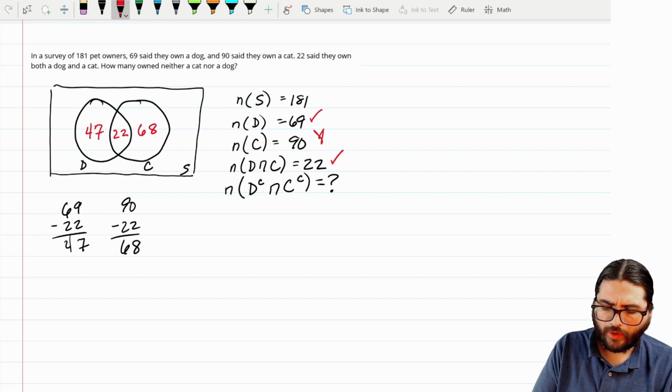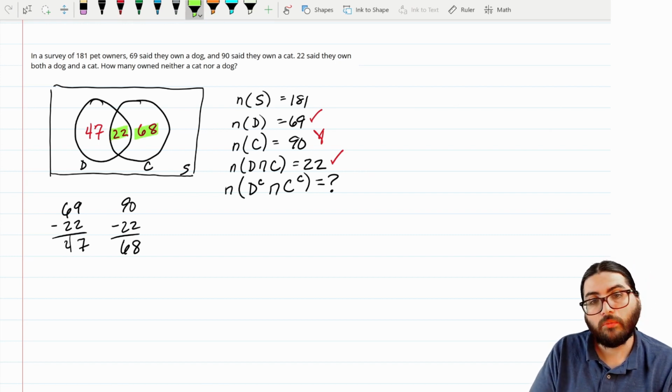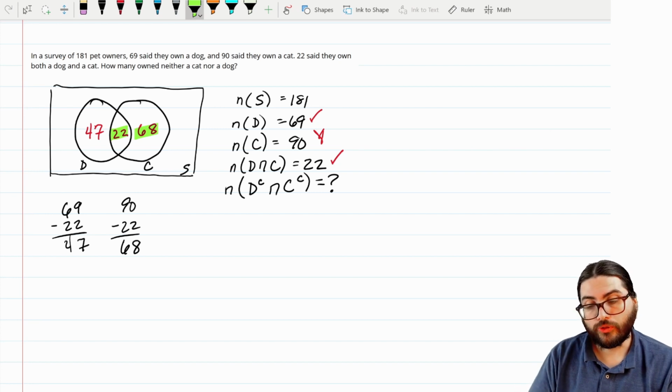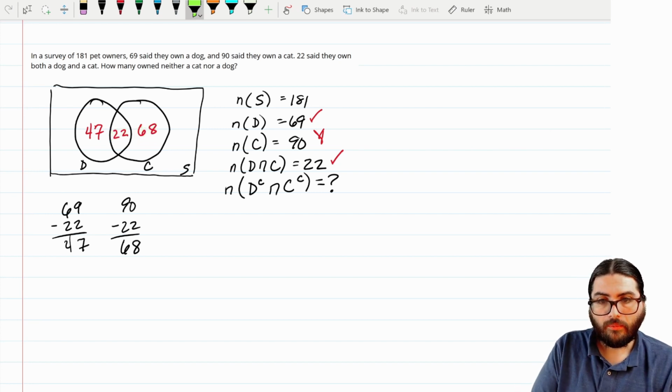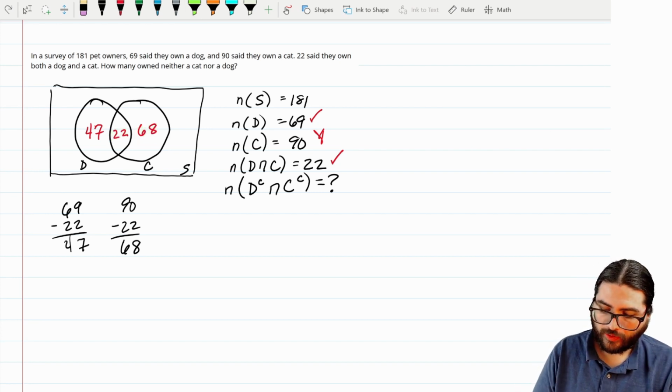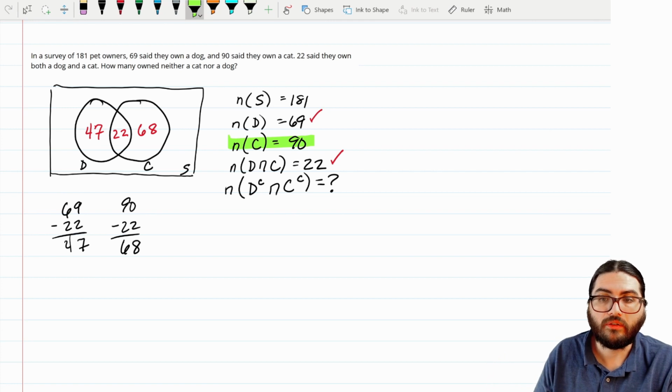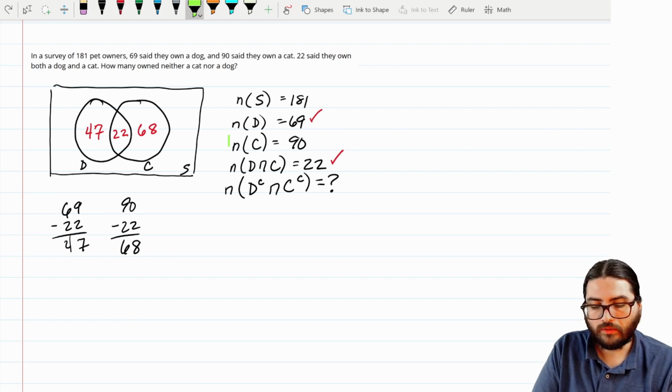That makes it so every number in the cat bubble, the 22 and the 68 both, add up to 90. Because the piece of information we had over here didn't tell us, are you inside of dog or are you not inside of dog? It didn't say. It was actually referring to both of them put together, which is why we couldn't have started there.